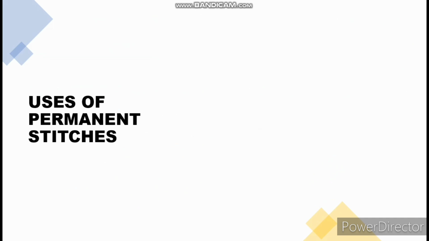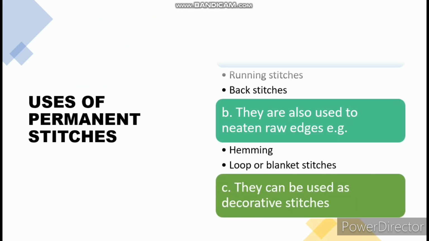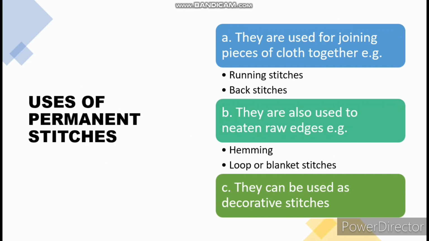Uses of permanent stitches. Permanent stitches can be used in three ways. 1. They are used for joining pieces of clothes together. Example, running stitches, back stitches.